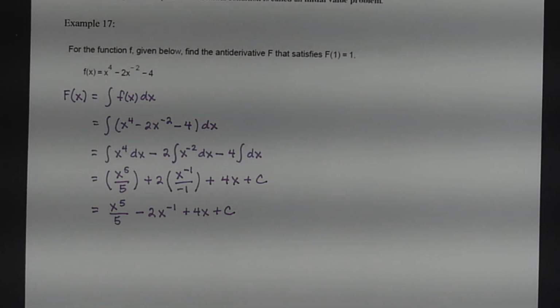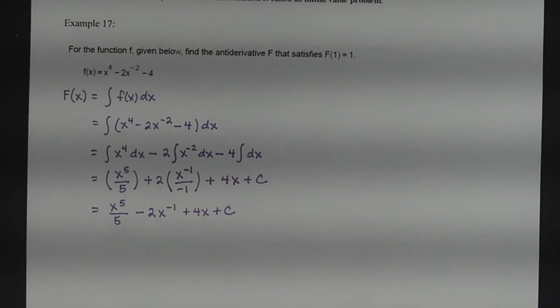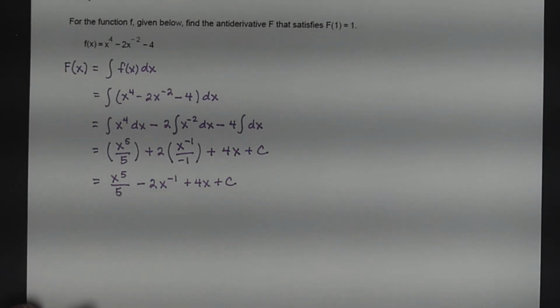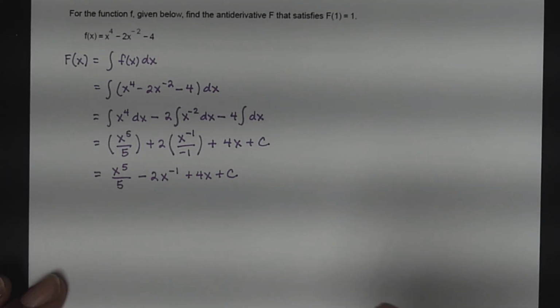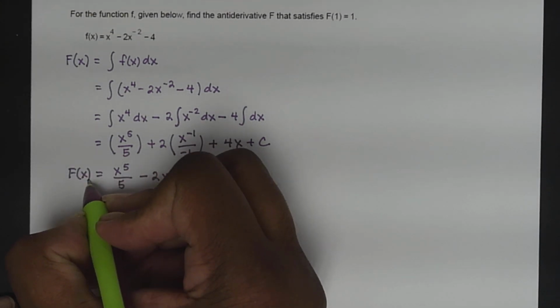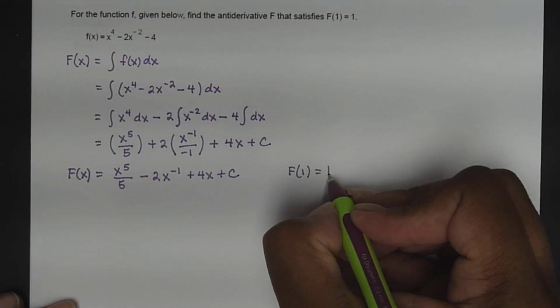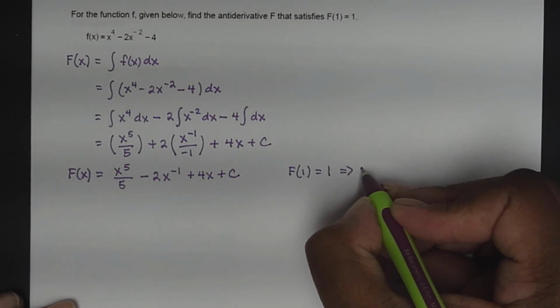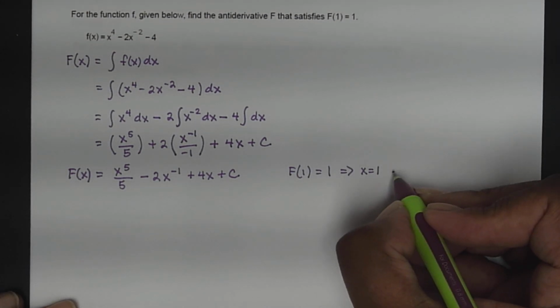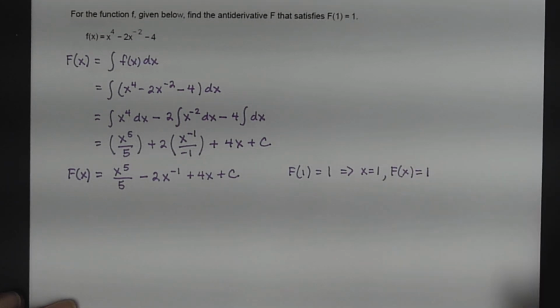Now, they do give us an initial condition. They do give us the fact that f of 1, or capital F of 1, and by the way, this is capital F of x, and capital F of 1 is equal to 1. What that means here is this: x is equal to 1, and capital F of x equals 1.